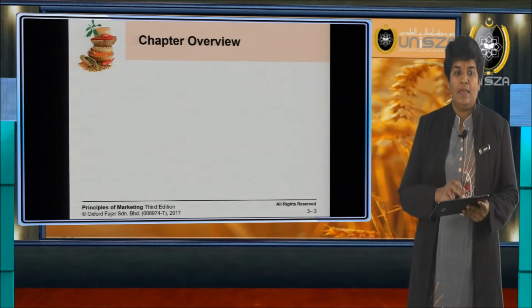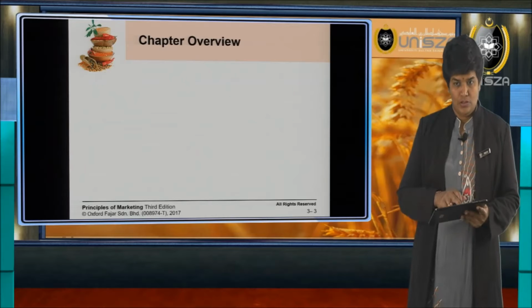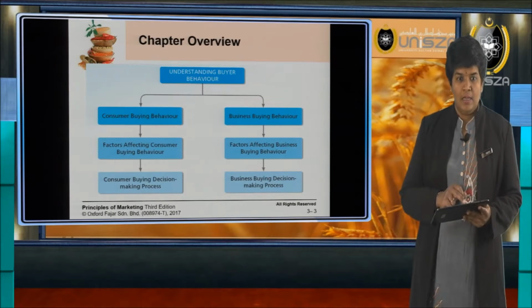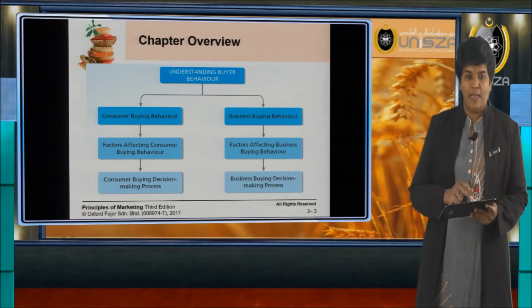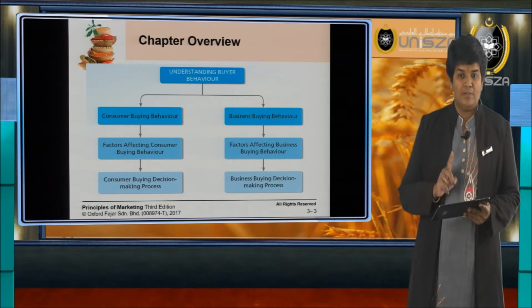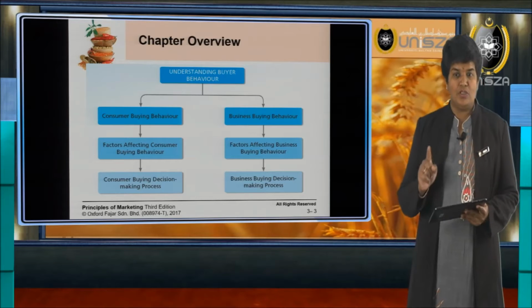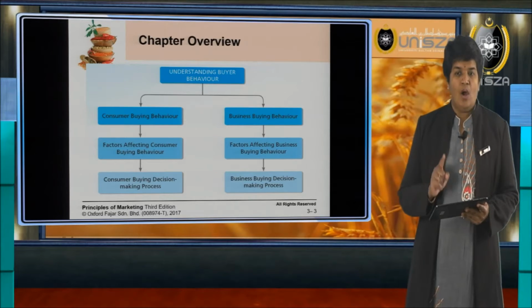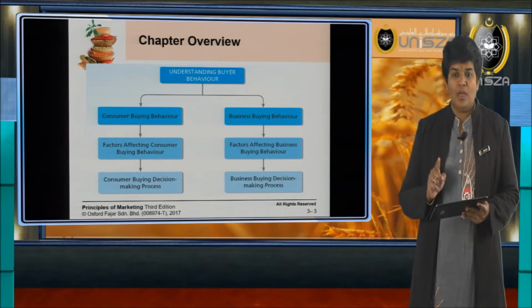Okay, and let us look into the chapter overview as usual. Here, understanding buyer behavior. This buyer behavior is divided into two groups. One is consumer, business to consumer, B to C. The other group is business buying behavior, B to B, business to business.